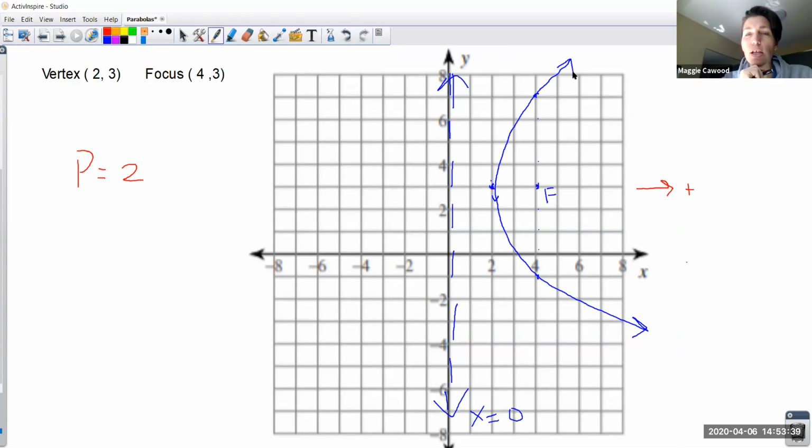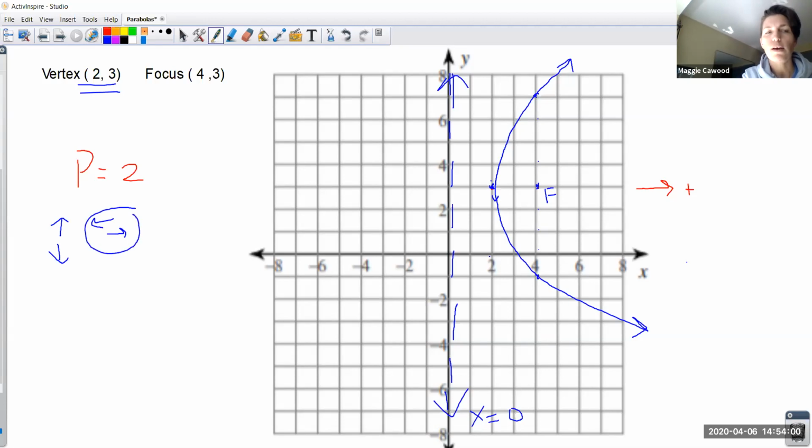All right, let's write the equation. We know the vertex is at 2, 3. That's important. We need to answer a couple of questions. Are we looking at it up and down or right and left? Obviously, we can see it's right and left.